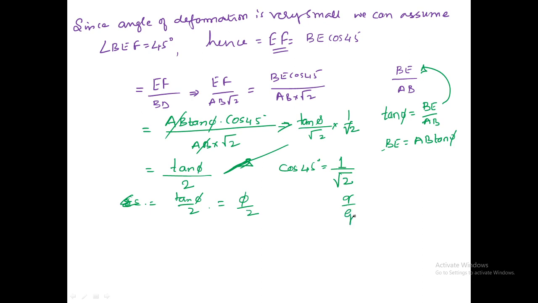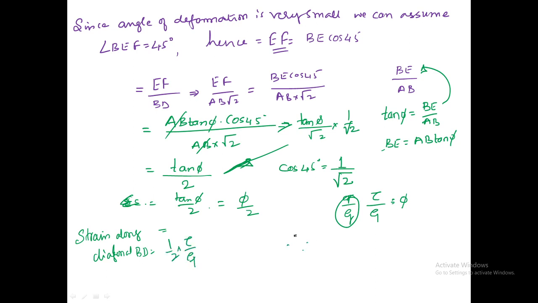Tau divided by G is phi. So let us substitute it here. So the strain along diagonal BD is equal to 1 by 2 into tau by G.